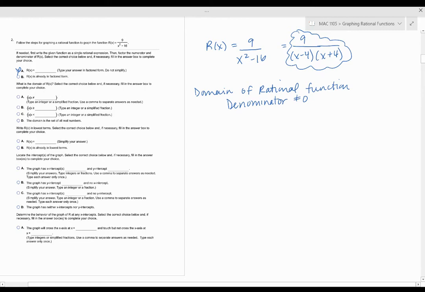And when you find the values that make it 0, you have to exclude those values. Since we've already factored our function, I'm going to set that denominator equal to 0, set each one of those factors equal to 0, and solve for x.